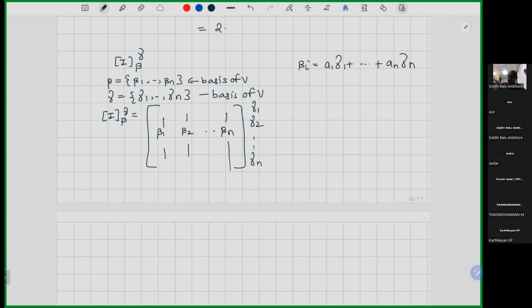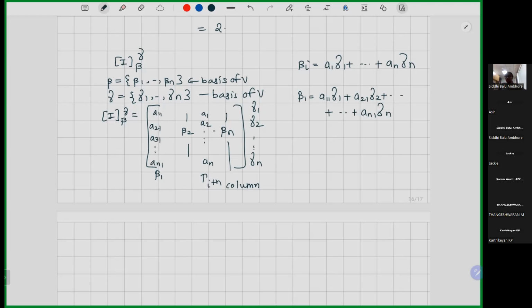So when I write this, the ith column will be A1, A2, and so on up to AN. If I write beta 1 as A11 gamma 1 plus A21 gamma 2 and so on up to AN1 gamma N, then corresponding to beta 1, this column will be A11, A21, A31, and so on up to AN1.